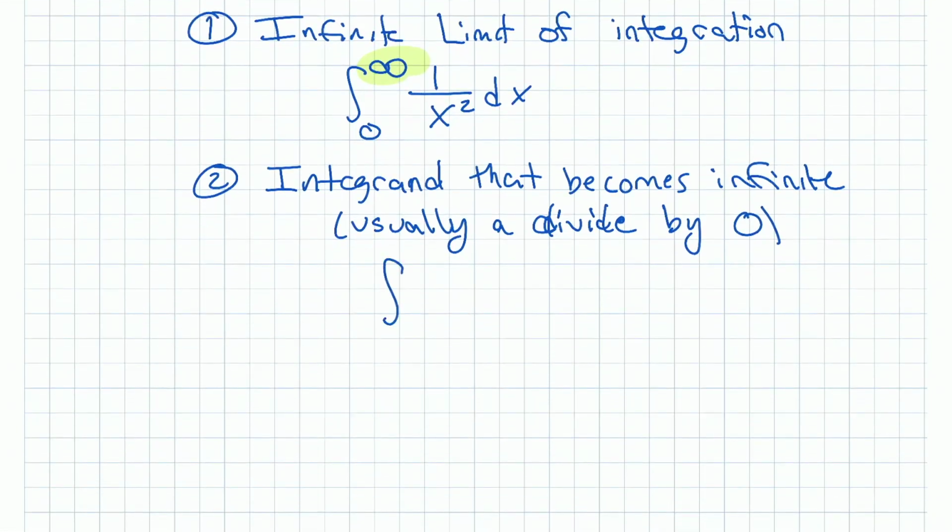So what that might look like is, if I say integral from 1 to 5 of 1 over x minus 5. Because if you plug in a 5, you're going to get a divide by 0, right? So that's an issue. So those are the two types, and we're going to look at them.